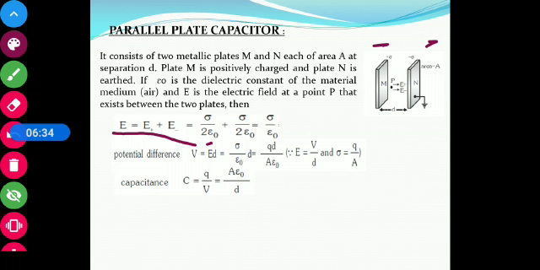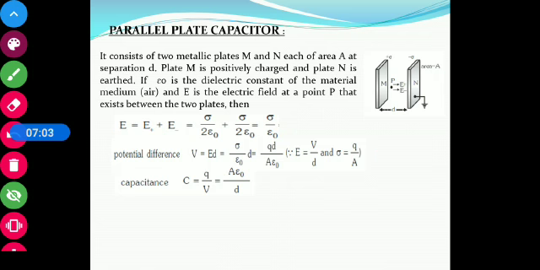So, for these two plates, sigma upon 2 epsilon naught due to the positive charge is directed towards the right hand side, and that by the negative plate is directed towards the left hand side. Taking magnitude, its value is sigma upon 2 epsilon naught, and as a resultant the electric field between the two plates is given by sigma upon epsilon naught.